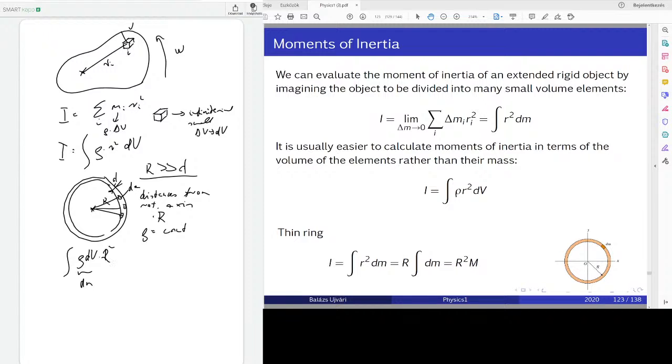Since this r doesn't depend on where you are, this r squared can come before the integral, and if you integrate over the volume the infinitesimal masses, this is just the full mass of the body. So this is m times r squared.